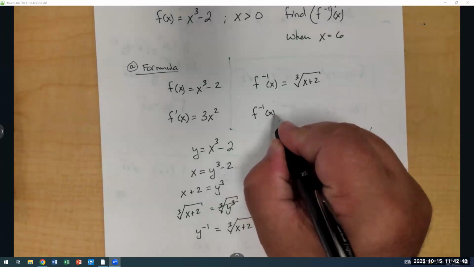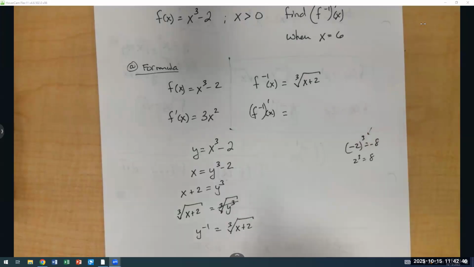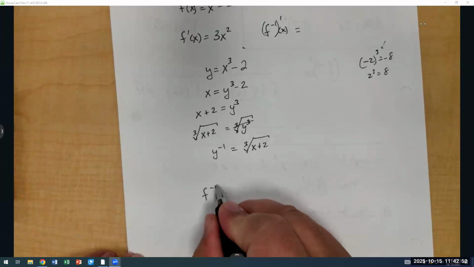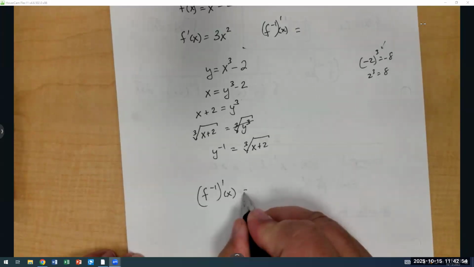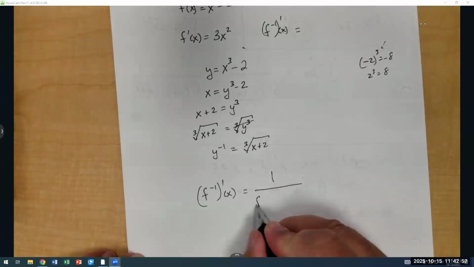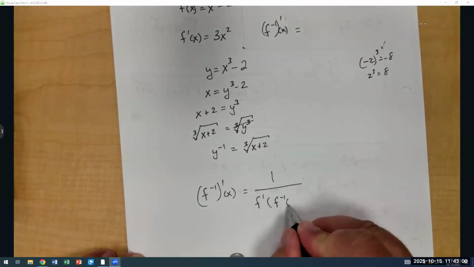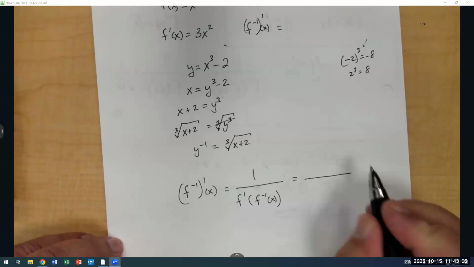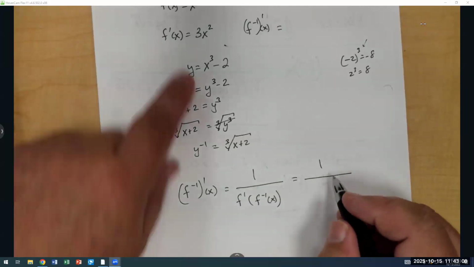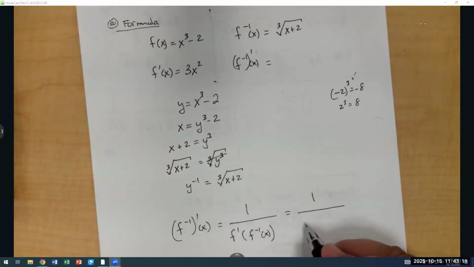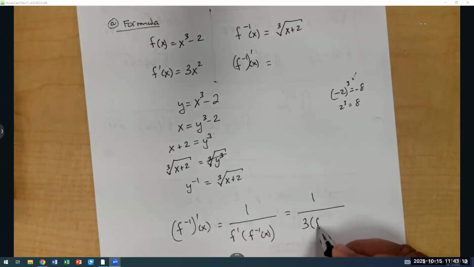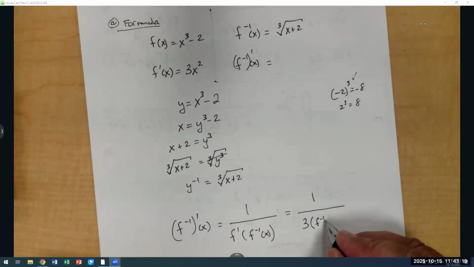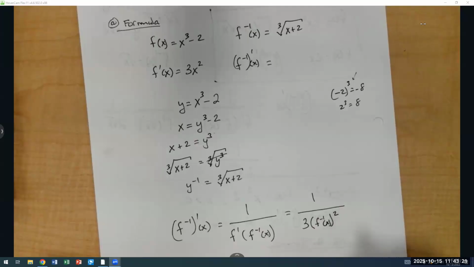So now we have to find the derivative of our inverse function. The derivative of our inverse function is, that's the function. f prime is 3x squared, so it's 3 f inverse squared.